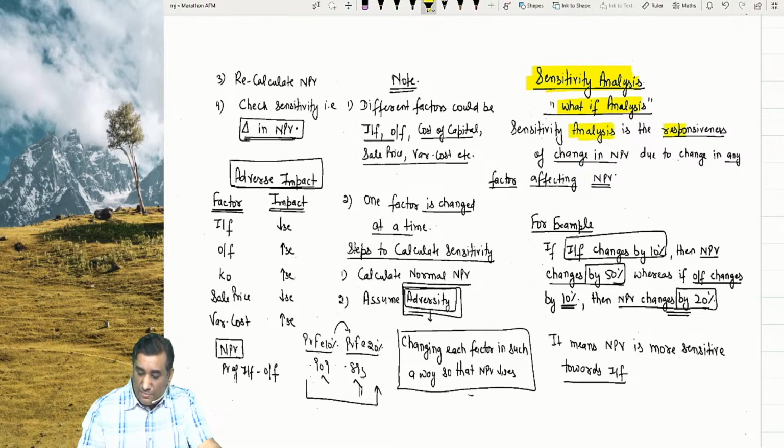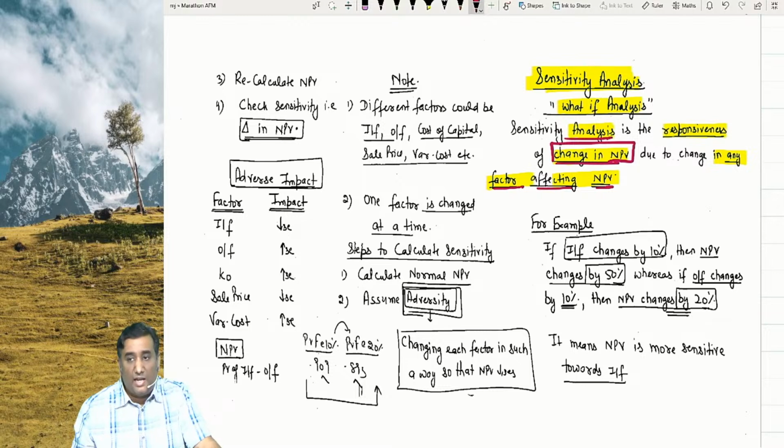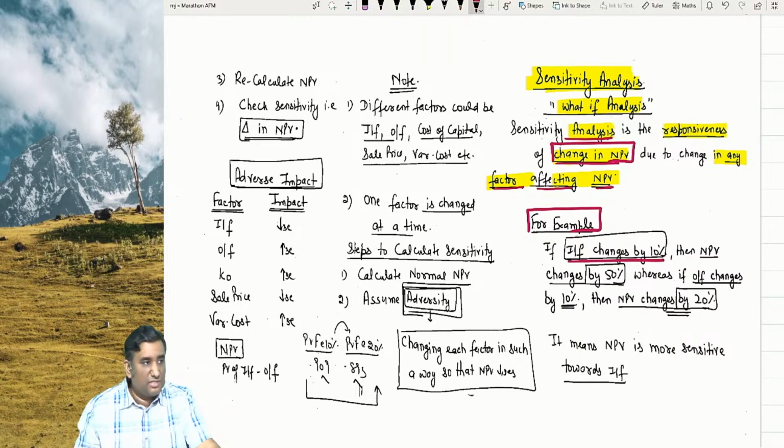Sensitivity analysis is the responsiveness of a change in NPV due to change in any factor affecting the NPV. That means we check what factors affect NPV, and if they change, what is the change in the NPV. For example, if inflow changes by 10%, NPV changes by 50, whereas if outflow changes by 10%, NPV changes by 20.